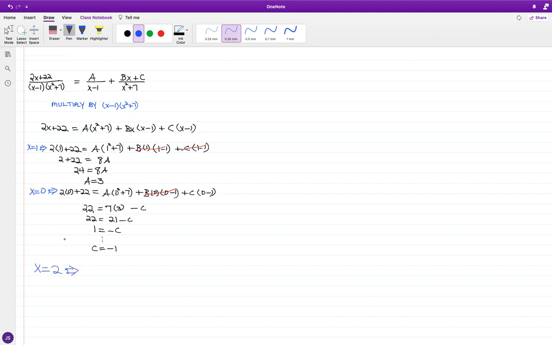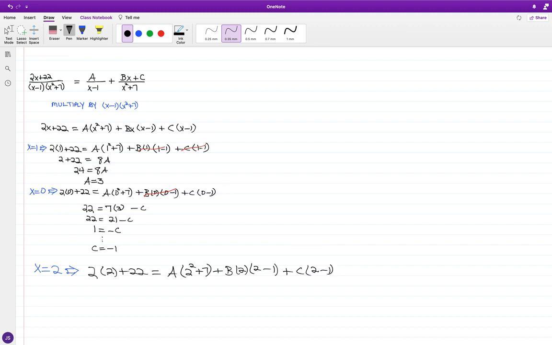And if I go this route, you have 2 times 2 plus 22 is equal to a times the quantity of 2 squared plus 7. Again, adopting what I have from the setup. And bx, again, we have b times 2. And you have times x minus 1, which would be 2 minus 1. And we have plus c times the quantity of 2 minus 1.